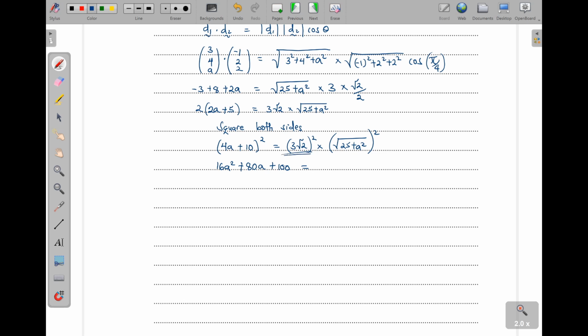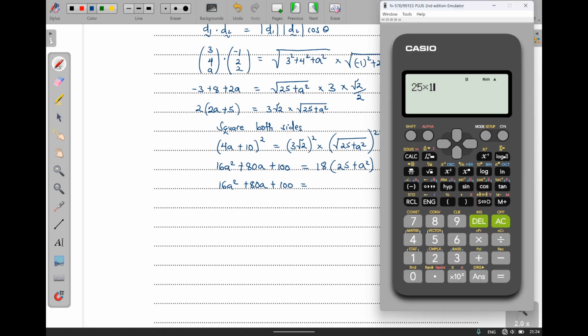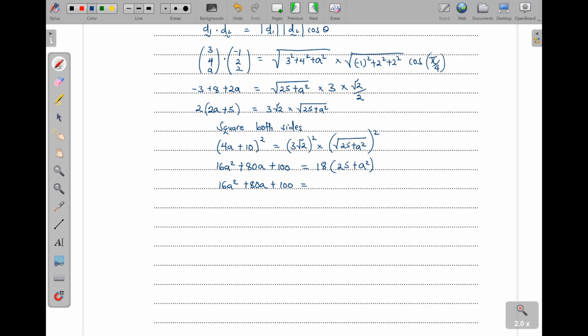Then when you come to this square 3, you get 9. Then 9 times 2, you'll get 18. And then here you'll get 25 plus a squared, okay? Now, when we open the brackets on the right, we shall get 25 times 18. That one is 450. So we have 450, then plus the 18a squared.